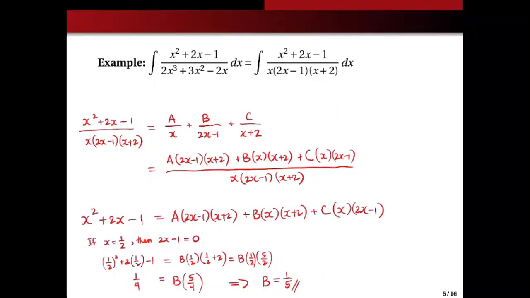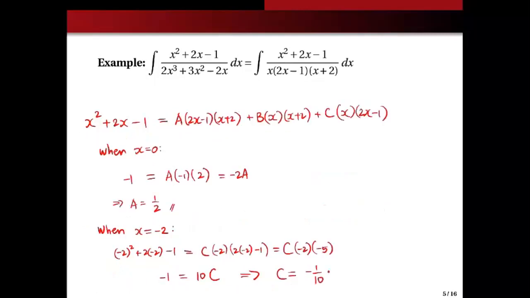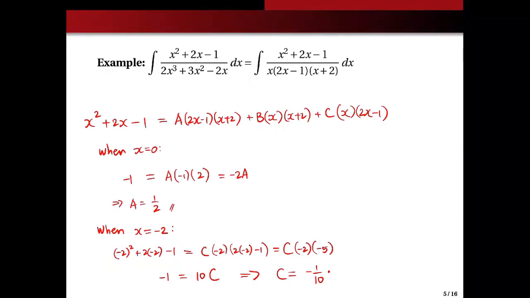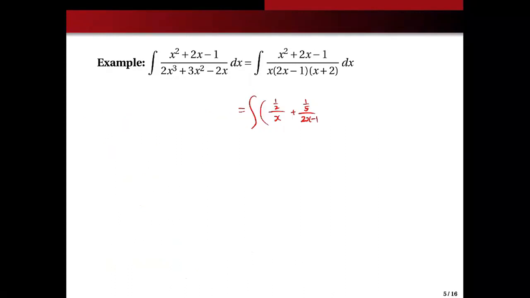Then B was 1/5. The denominator for B is 2x minus 1. So plus 1/5 over 2x minus 1. And then C is negative 1 over 10, and the denominator was x plus 2. So we now have minus 1 over 10 over x plus 2. And then you have the dx.